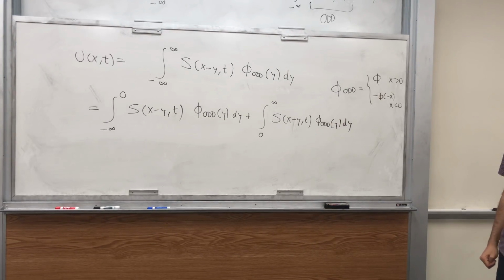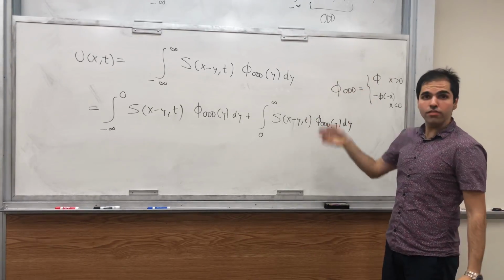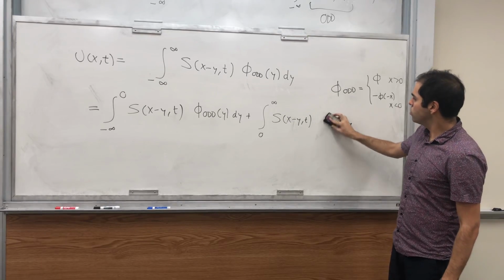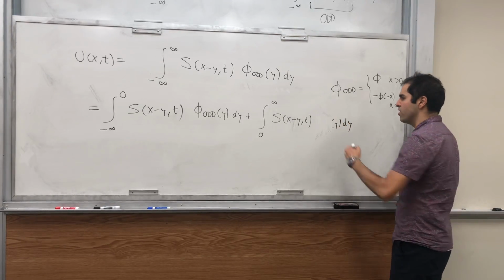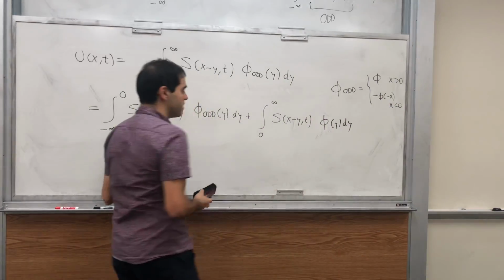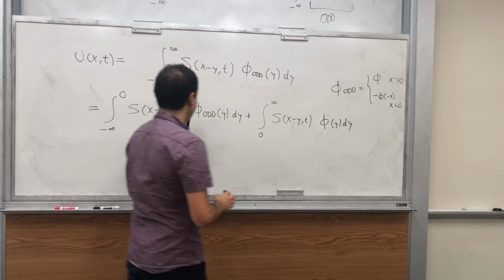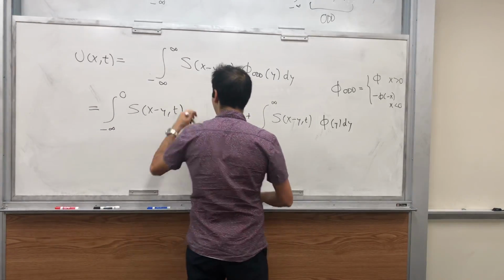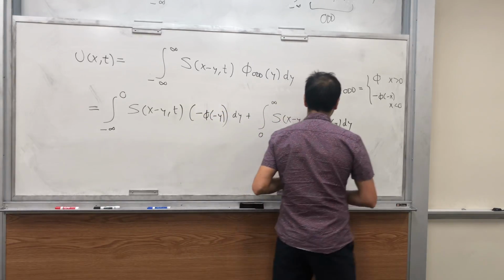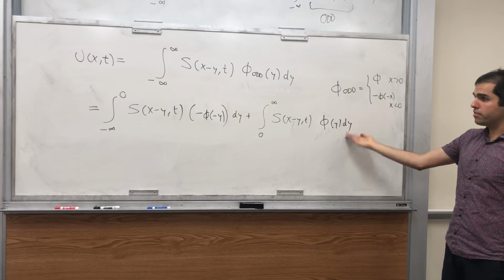But here's a nice thing. For y positive, or at least non-negative, we know that phi odd is just phi. So we can just replace this by phi of y. And from minus infinity to 0, phi odd is minus phi of minus x. So this becomes minus phi of minus y. Okay, let's keep this as it is.